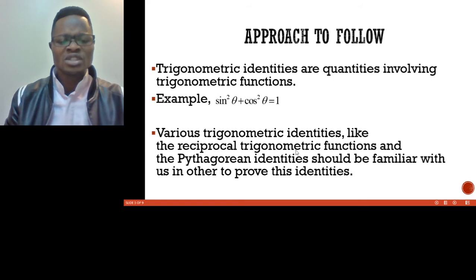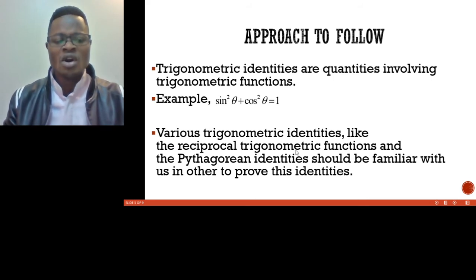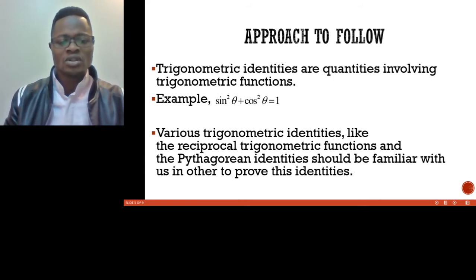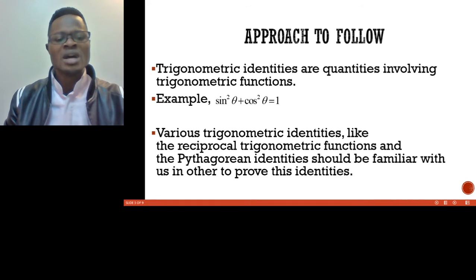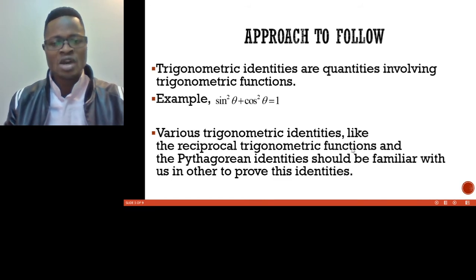For instance, if somebody asks, what is the derivative of sine in calculus? You know that the derivative of sine is cos, and the derivative of cosine is negative sine. Those are the things that we need to know in our head as we try to prove these identities, because we are going to be applying them at one point or the other.